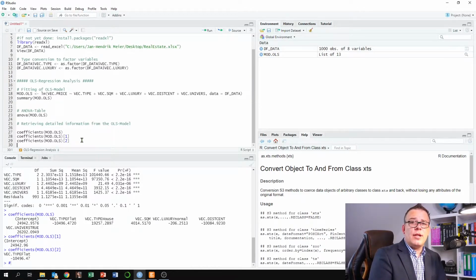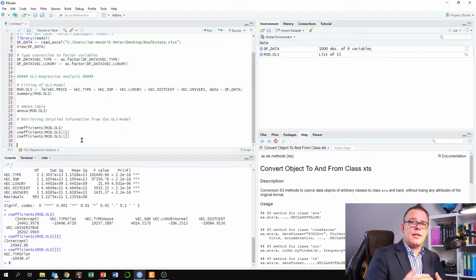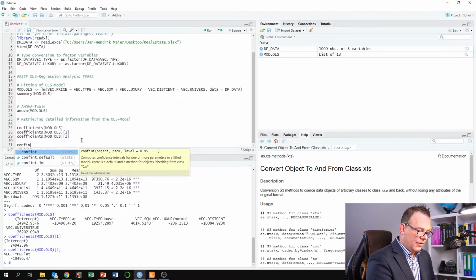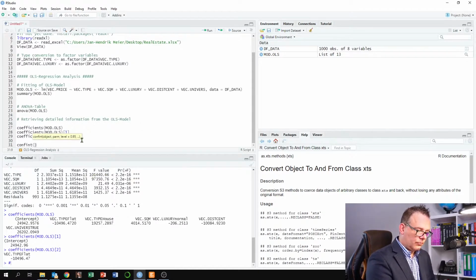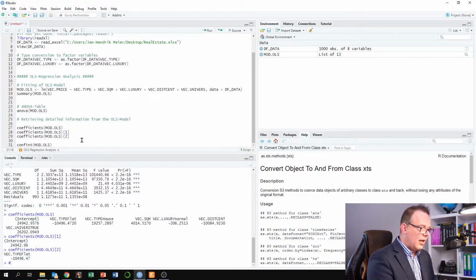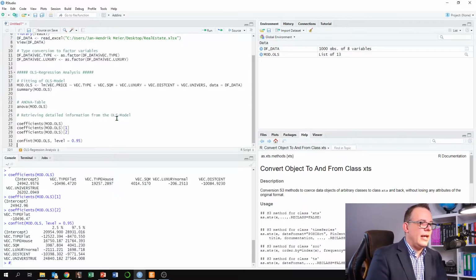Can we also assess confidence intervals around those estimates? Let's have a look. Confint. Of course, now we have to hand over the level, let's say 0.95, the 95% confidence intervals, and here we have the confidence intervals for our estimates.